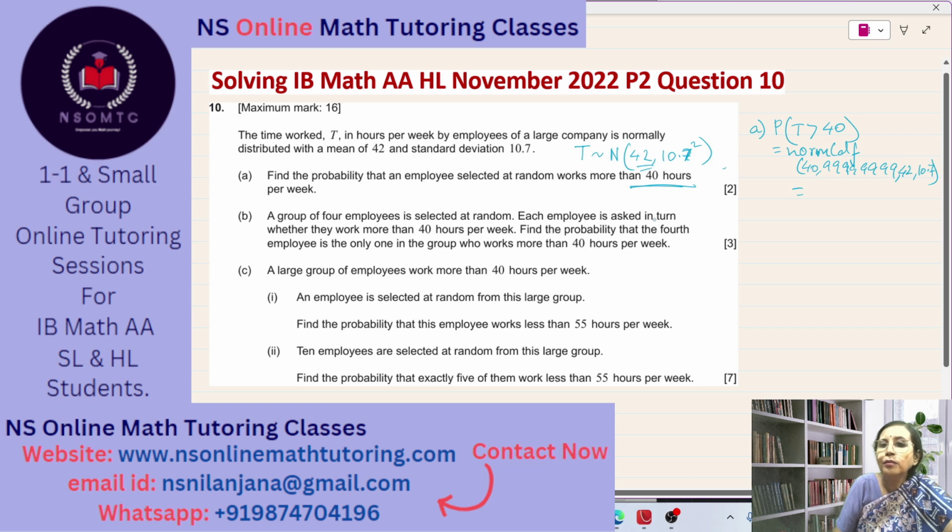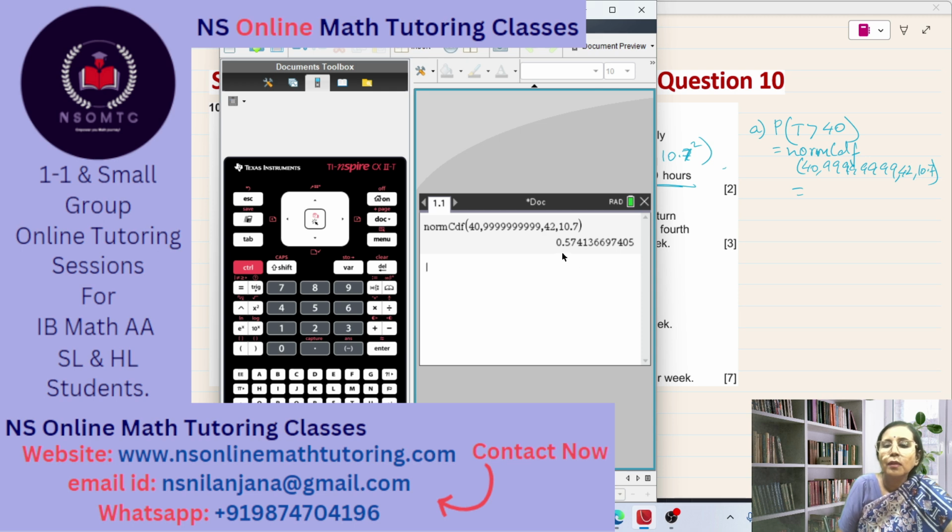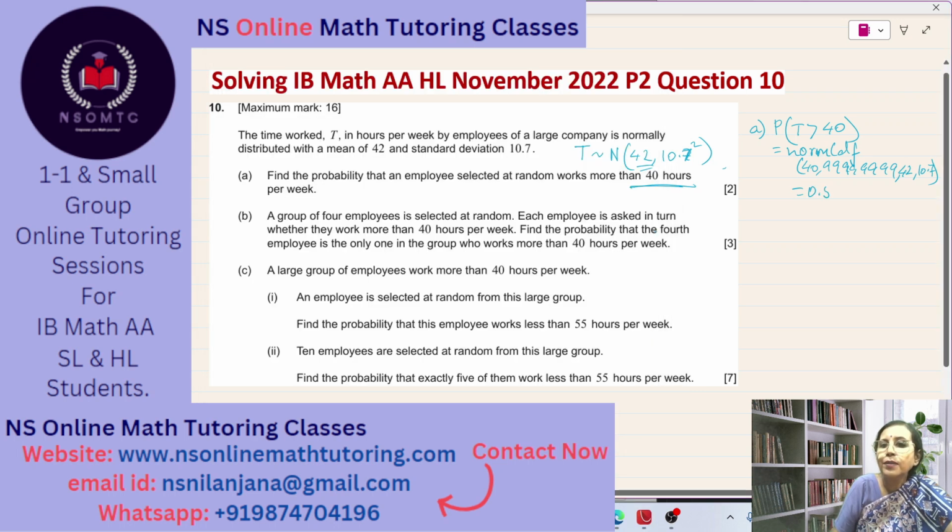This is equal to 0.574136, which is almost equal to 0.574 up to 3 significant figures.